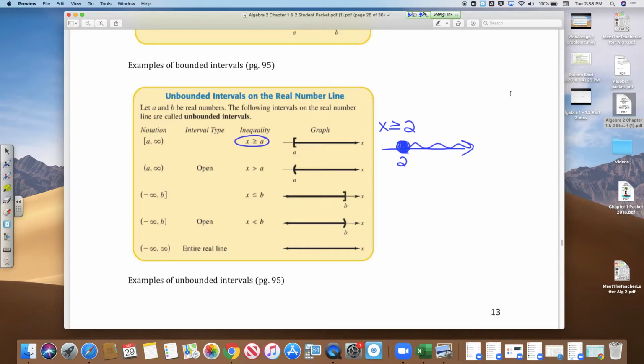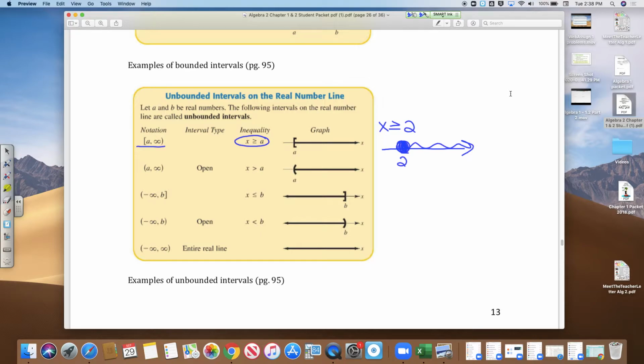Notice the notation for that uses the square bracket to start at that first number and then a comma and an infinity symbol. That infinity symbol will always have a parenthesis around it because a parenthesis represents something that's not necessarily included, and positive infinity is not technically a number, it's a concept.